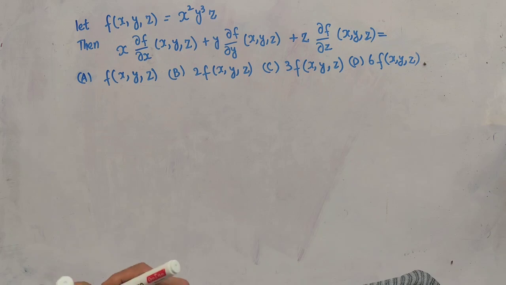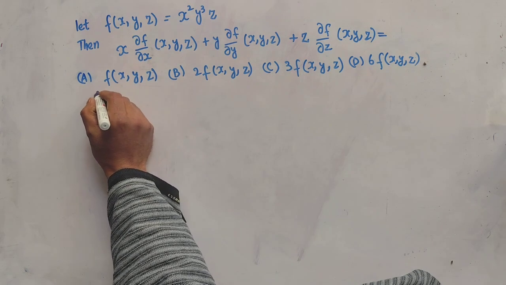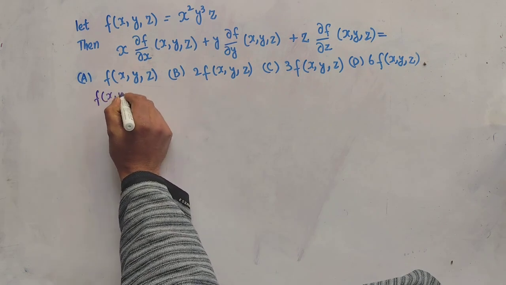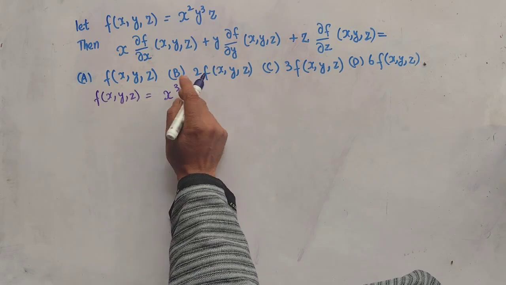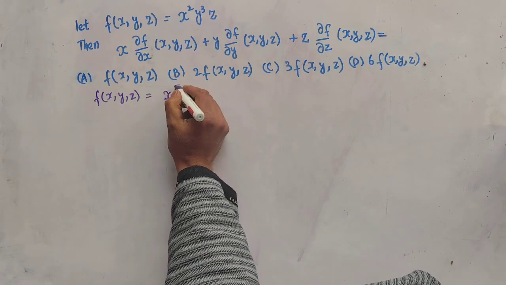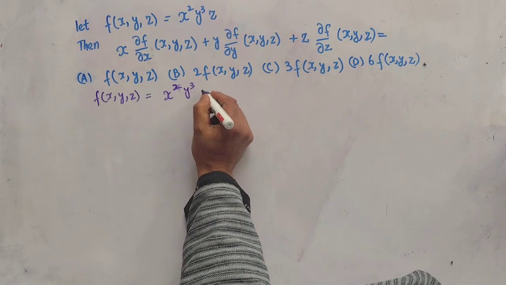So what we are being given is the function f of x comma y comma z equal to x square y cube z.